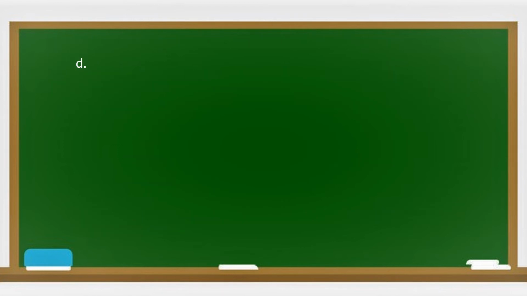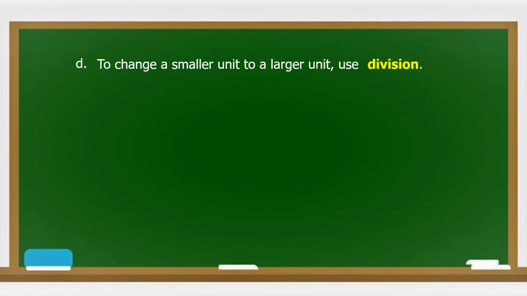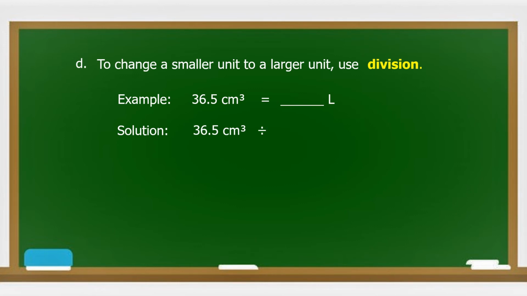Now, to change a smaller unit to a larger unit, use division. Example, 36 and 5/10 cubic centimeters equals blank liter. Solution, 36 and 5/10 cubic centimeters divided by 1,000 equals 0.0365 liter or 365 ten-thousandths liter.